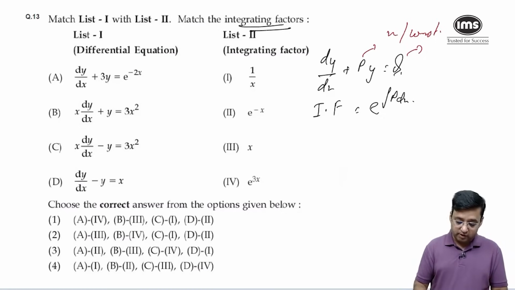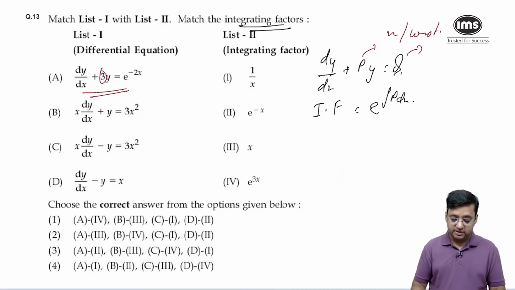So if we do the first equation, in this we have 3 as p, and this is our q. Now when we do this, how will we find the integral value?